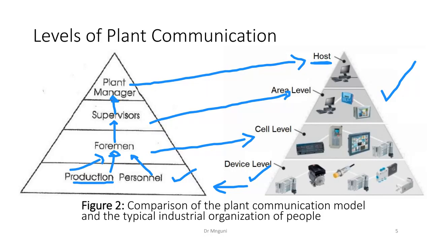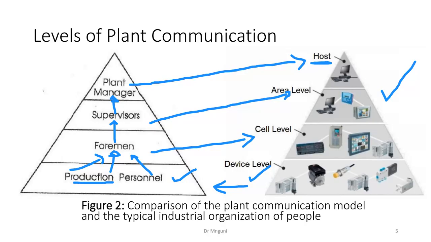Even when you configure a complete plant, this pyramid will always be like this. Whether you're looking at a wastewater treatment plant, or an automobile plant, or a power system plant, this structure will always be like this.